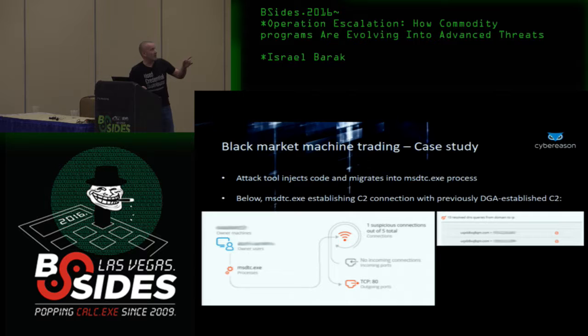One of the reasons, by the way, to migrate into a process like this is dumping credentials. Under certain platforms, you need to operate in the context of a built-in system service to be able to extract credentials out of that machine. That's, in many cases, the reason to migrate into a process like this.